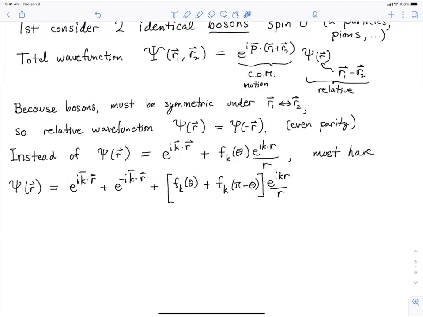So that's why this part stayed the same. But the angle part changes. Instead of theta, I have pi minus theta. Okay, so this is the incoming beams. This is one incoming beam. This is the other incoming beam. This is one outgoing particle. This is the other outgoing particle.